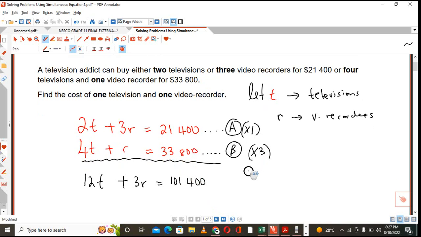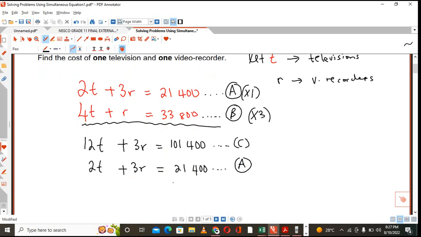Just make sure that that is indeed correct. I'm going to label this equation C. Then I'm going to bring down equation A because it's being multiplied by 1, so it will remain the same. That gives me 21,400 here. You can go ahead and label it equation A.